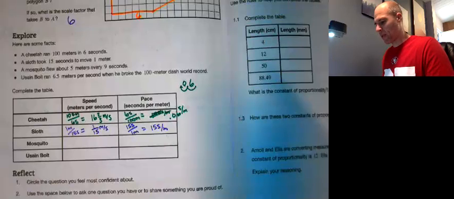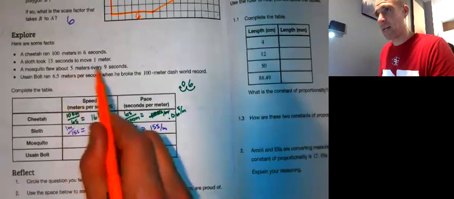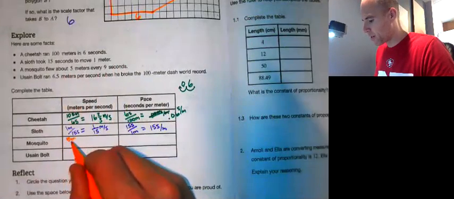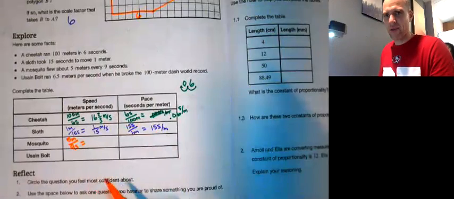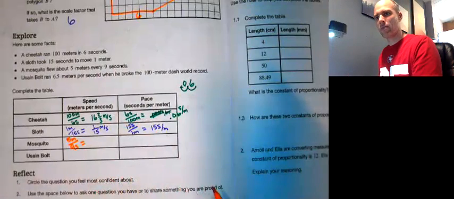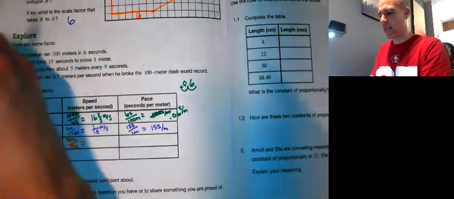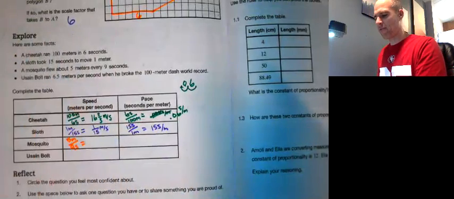All right, next for the mosquito. 5 meters every 9 seconds. So let's do 5 meters divided by 9 seconds. That's 5/9. Let's write it as a decimal just for fun. I'm pretty sure 5/9 is the same as 0.5 repeating.